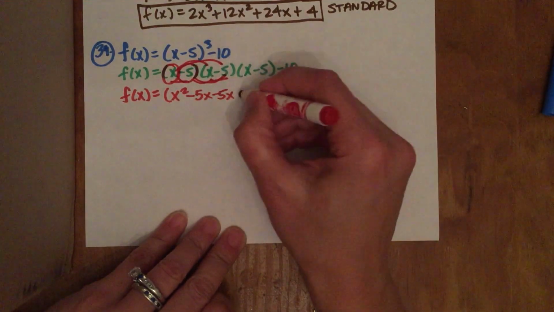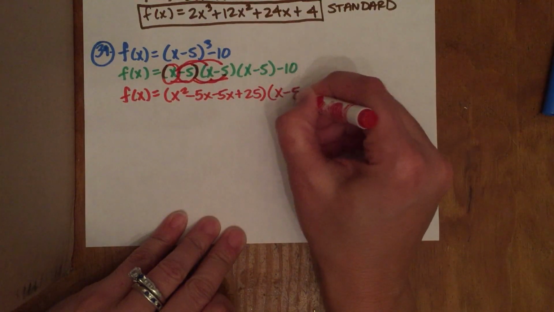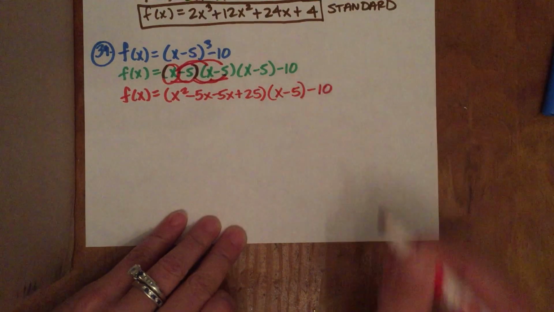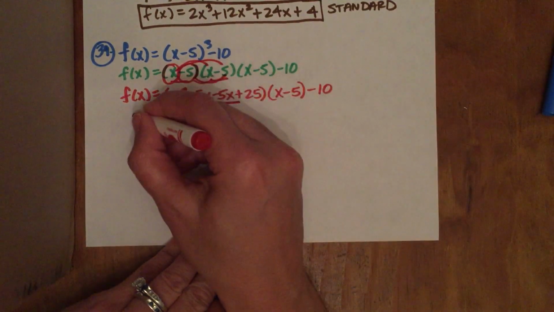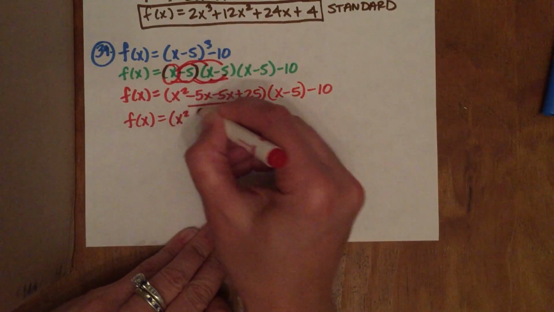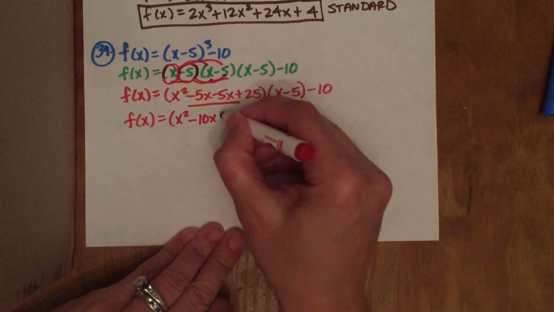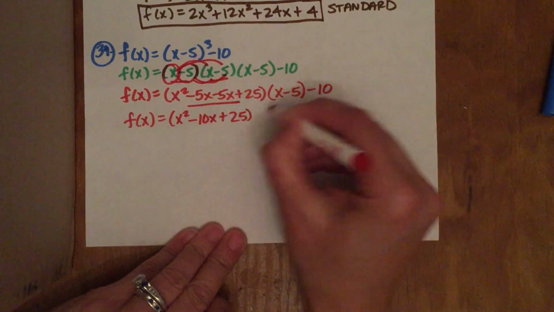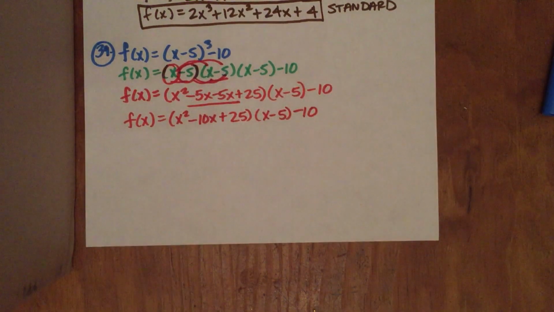And negative 5 times negative 5 is positive 25. And then I have x minus 5 still there and minus 10 still there. But remember, as before, we can combine our like terms to make life a little bit easier. So I've got x squared minus 10x, because negative 5x and negative 5x is negative 10x, plus 25, times (x minus 5) minus 10.